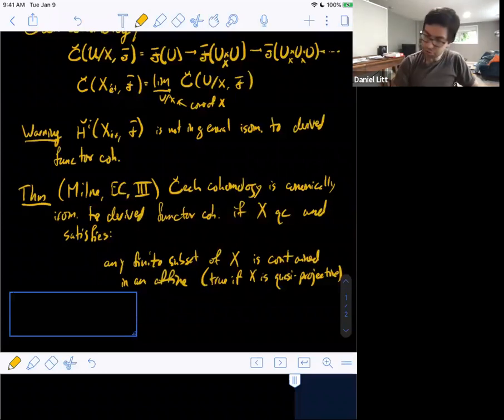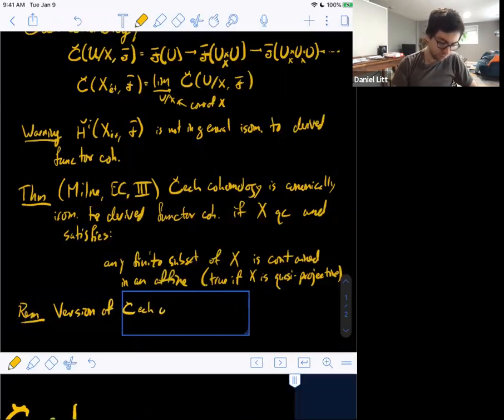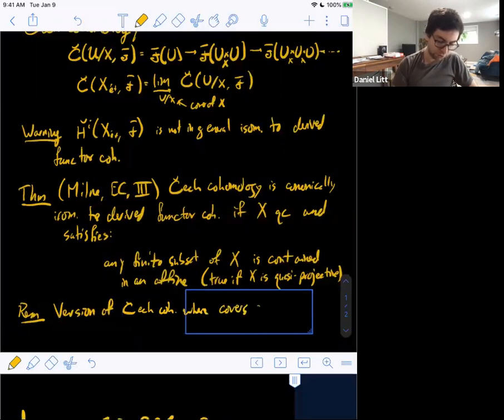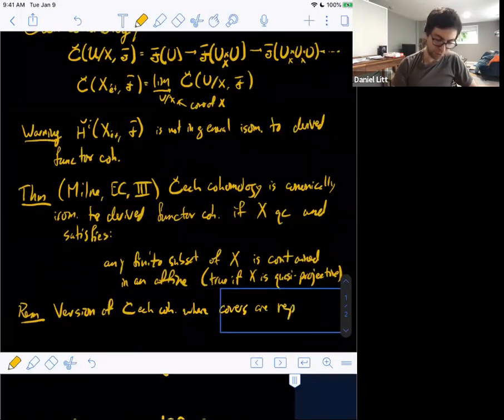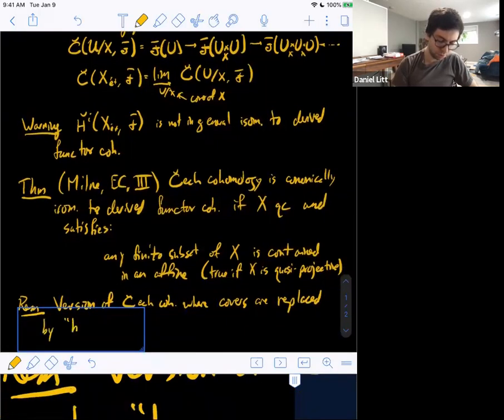Okay, so maybe before moving on, I want to remark. There is a version of Čech cohomology which works for arbitrary sites and which always computes derived functor cohomology. There's a version of Čech cohomology where covers are replaced by objects called hypercovers, which are a bit technical to define, so I won't define them.